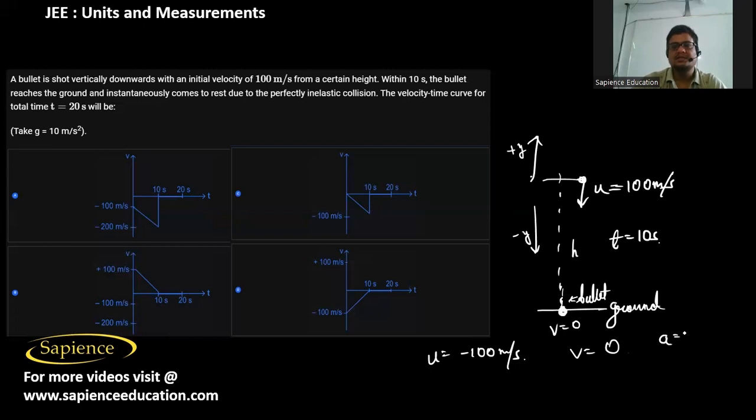The acceleration is minus g, which is minus 10 meter per second square. So v equals u plus at. So this will be v equals minus 100 minus 10 into t.